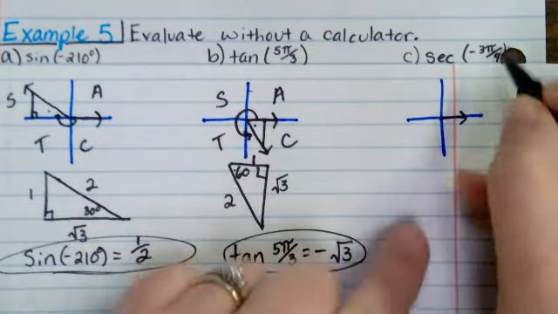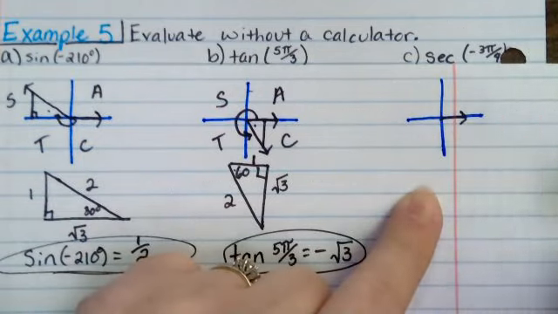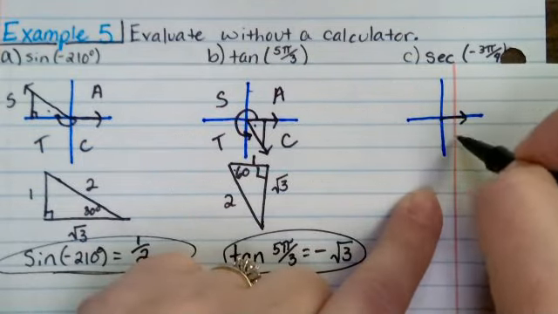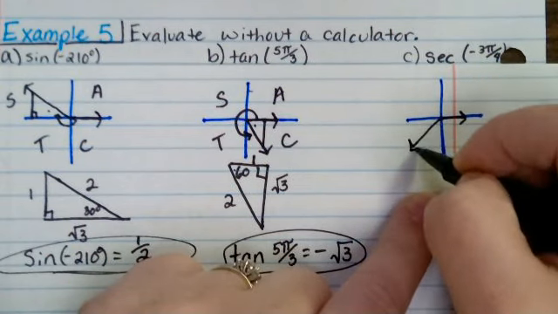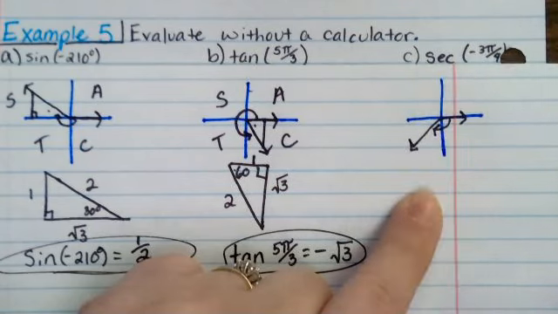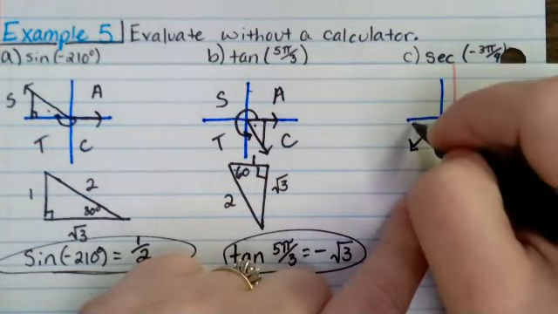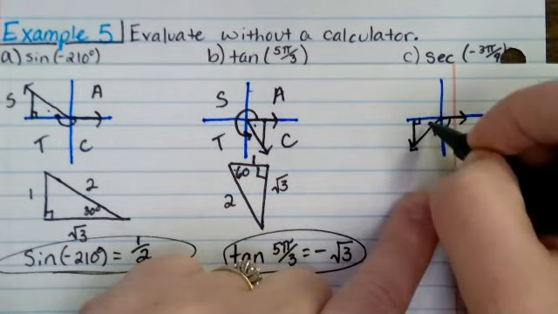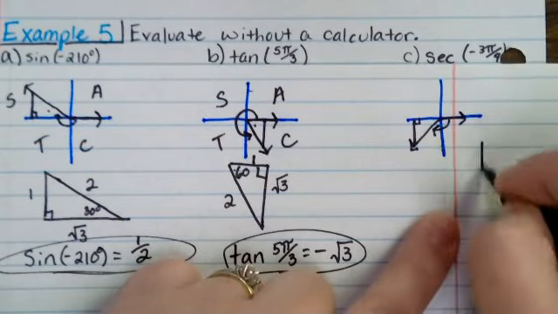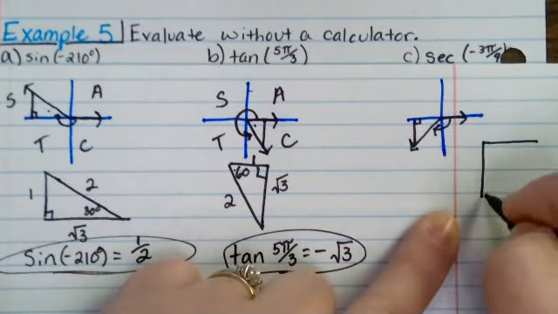And then we're opening in the negative direction, 3 pi over 4. So this would be 1 pi over 4, 2 pi over 4, 3 pi over 4 in this direction. Okay, but again, draw your little reference angles. This ends up being a little pi over 4 or 45 degrees. So we're looking at a 45, 45, 90 triangle.